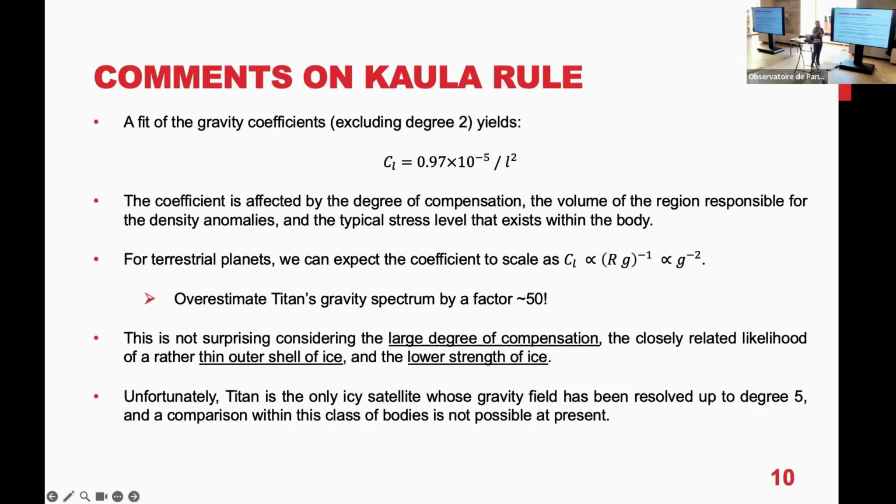I fully agree with that. Actually, you can explain the Kaula rule with a random distribution on the surface of concentrated mass anomalies, but still it depends on how the field behaves. On the Earth, what has been observed is that the Kaula rule fits pretty well the higher degrees, whereas the lower degrees are more compensated, and there is no correlation with that.